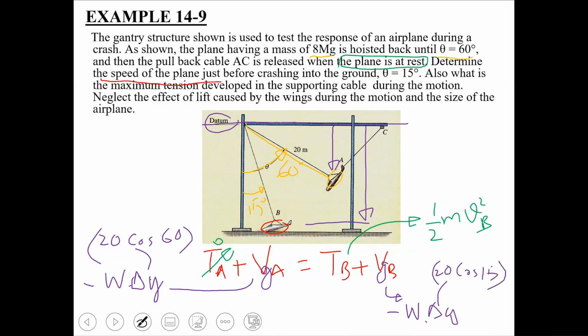Yes sir. Okay, so once you solve this equation, the only unknown quantity here is the velocity VB. So this velocity VB comes out to be 13.5 meters per second.